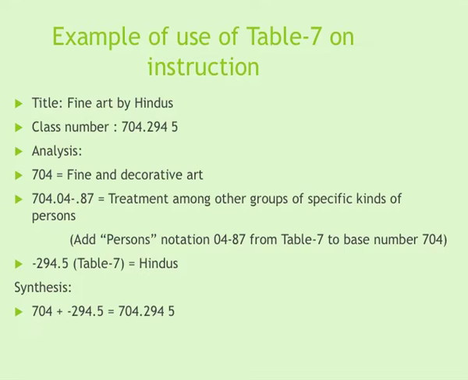So, we simply add the number of Hindus taken from table 7, that is 294.5, to the base number 704. So, 704 plus 294.5, the complete number of this title, fine arts by Hindus, will be 704.2945.